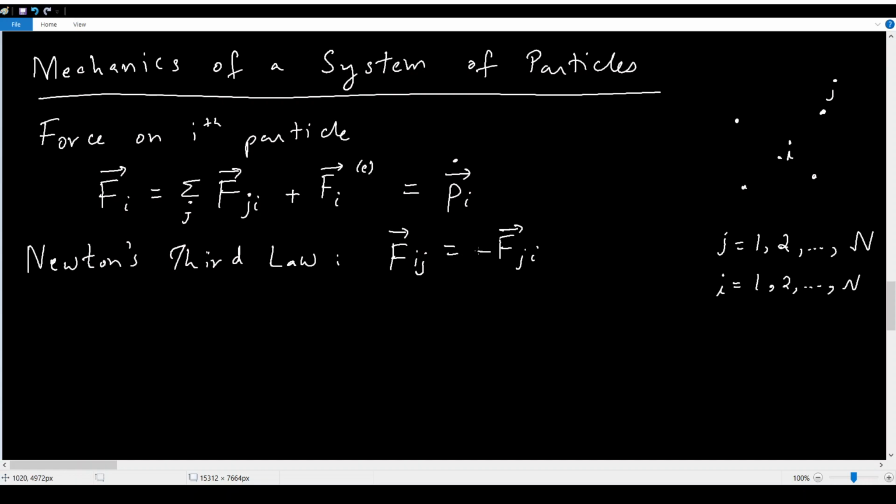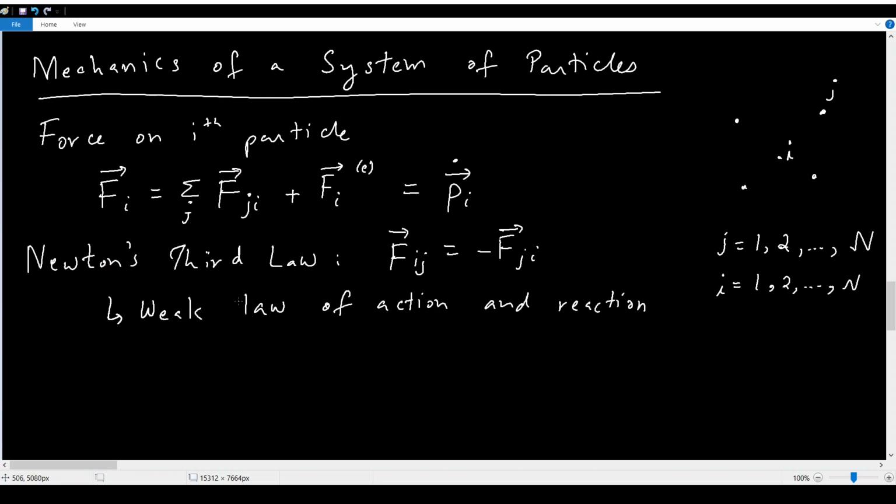So this is something we are assuming. This is not true for all forces, but it suffices for most situations that you will be faced with, and it is a good approximation for most situations. This is referred to as the weak law of action and reaction. We are starting with the weak law because this is all we need.